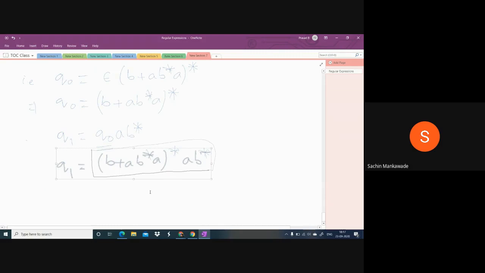Suppose Q2 is one more final state. We find the expression for Q1, similarly for Q2, and the result is the sum of all the final states, that is Q1 plus Q2. In any automata, if there are more than one final states, the result will be the sum of all final states.